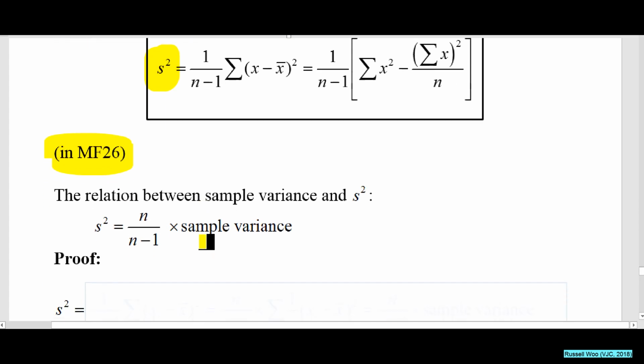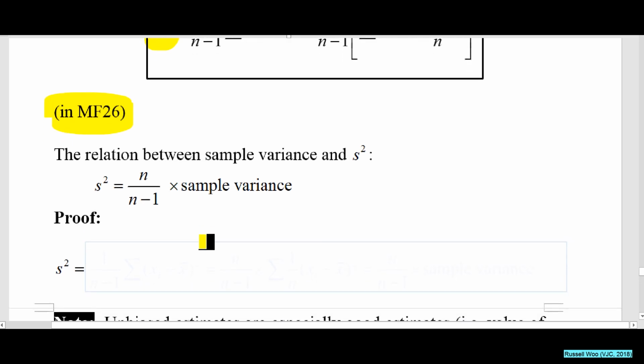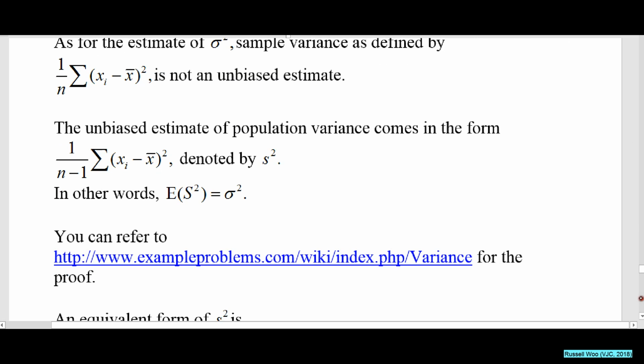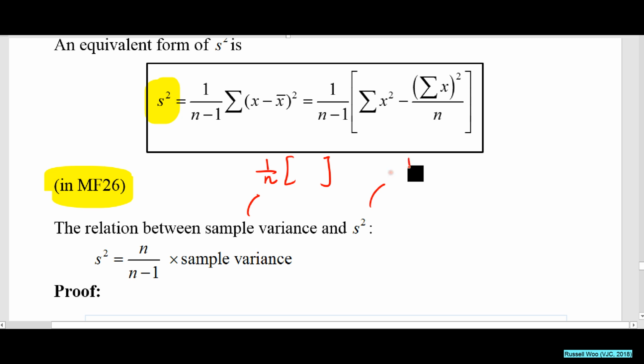Then what is the relationship between S square and sample variance? I think this one you may or may not want to memorize, but I think it's not difficult. Just remember that sample variance is 1 over n times something. S square is 1 over n minus 1 times something.